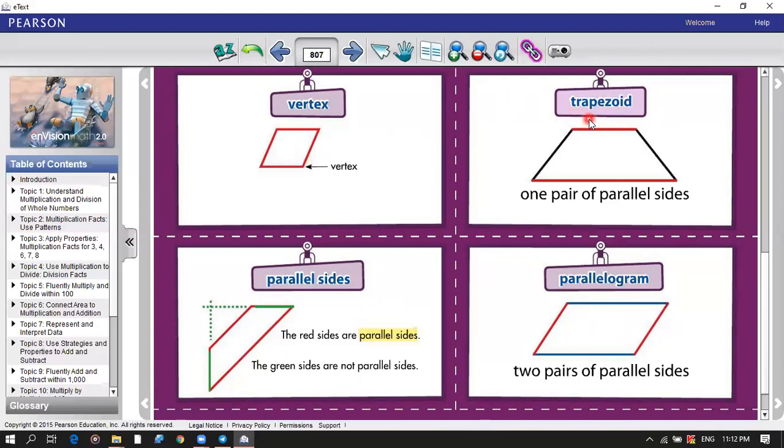Trapezoid. A trapezoid is a quadrilateral which has only 1 pair of parallel sides. As you can see, these 2 sides are parallel, the red sides.